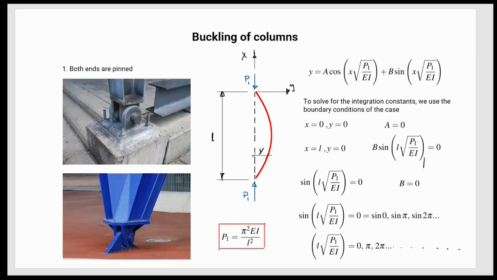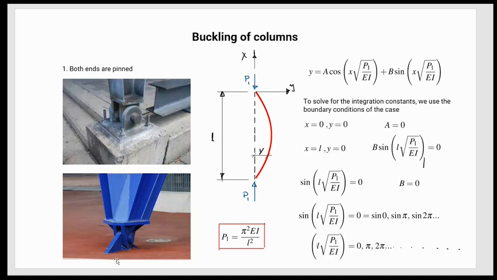Now let's consider when both ends are pinned. You can also find this word pinned used as hinged, like a door that has hinges. This is the way a body is connected to another element or body.